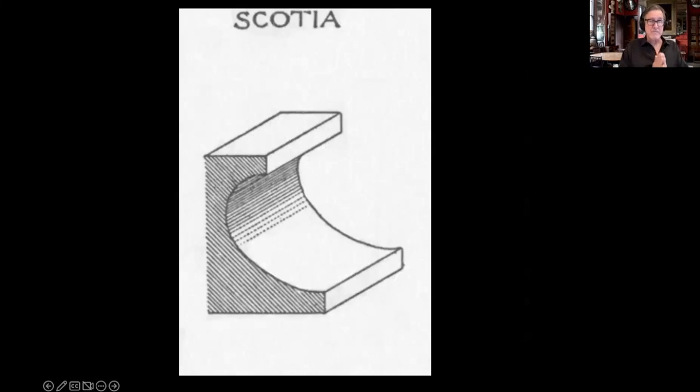Okay, our next molding, a very important molding, is the scotia. And the scotia, a super important molding. So let's draw that one together. Hang in there with me, we're almost there.